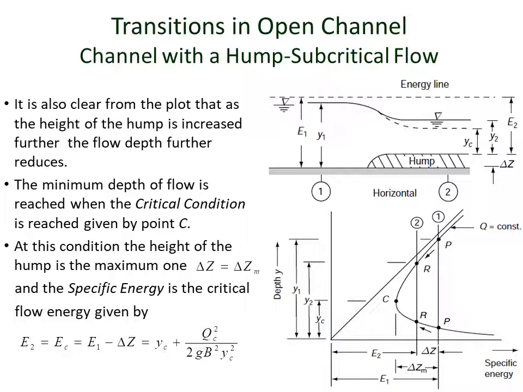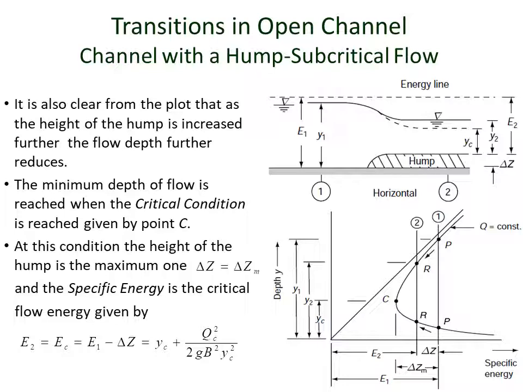Beyond the critical energy, or if we further increase the height, any flow is not possible because there is no positive root which exists for a specific energy less than the critical flow energy.